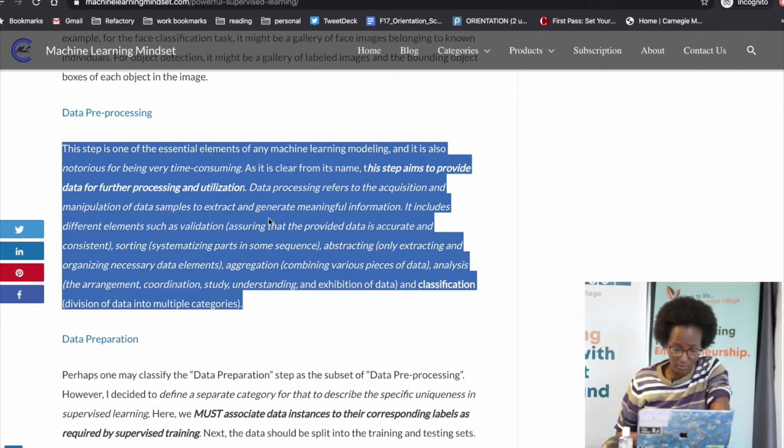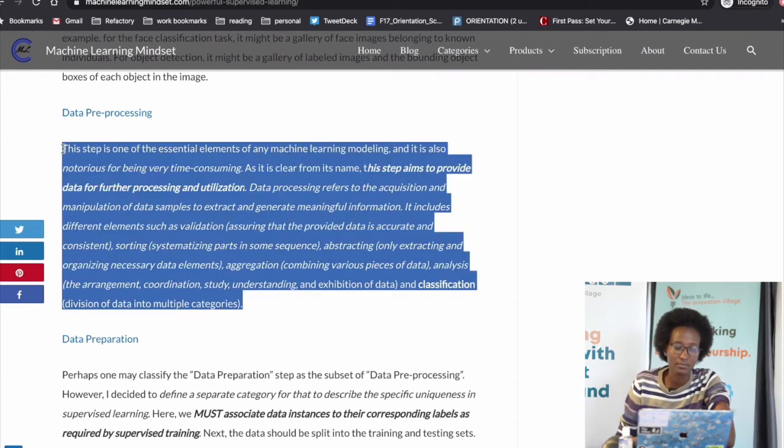So here they're saying data processing refers to acquisition and manipulation of data samples to extract and generate meaningful information. It includes different elements such as validation, assuring that the provided data is accurate and consistent. So doing things like validation, sorting, abstracting, only extracting and organizing necessary data elements, aggregation, combining various pieces of data, analysis, the arrangement, coordination, study, understanding, and exhibition of data, and then classification, dividing it into multiple groups.